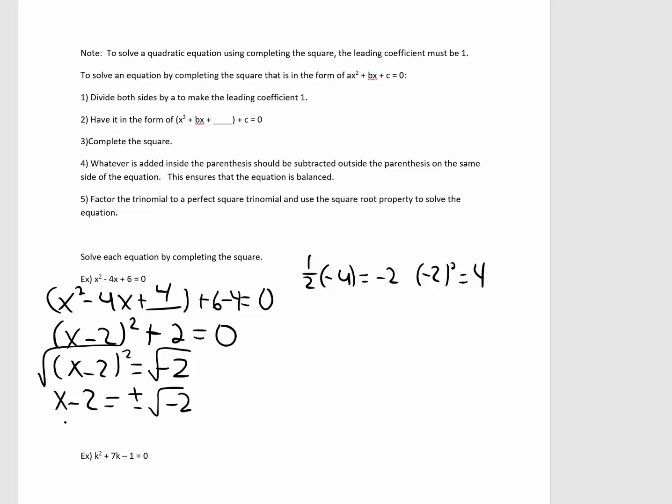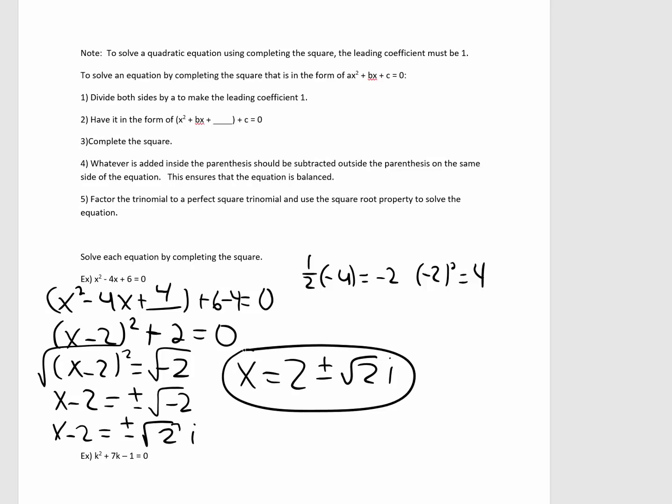The square root of -2 can be rewritten as the square root of 2 times i. Again, make sure the i is outside the square root. And add 2. So my two solutions are 2 plus the square root of 2 times i, and 2 minus the square root of 2 times i.